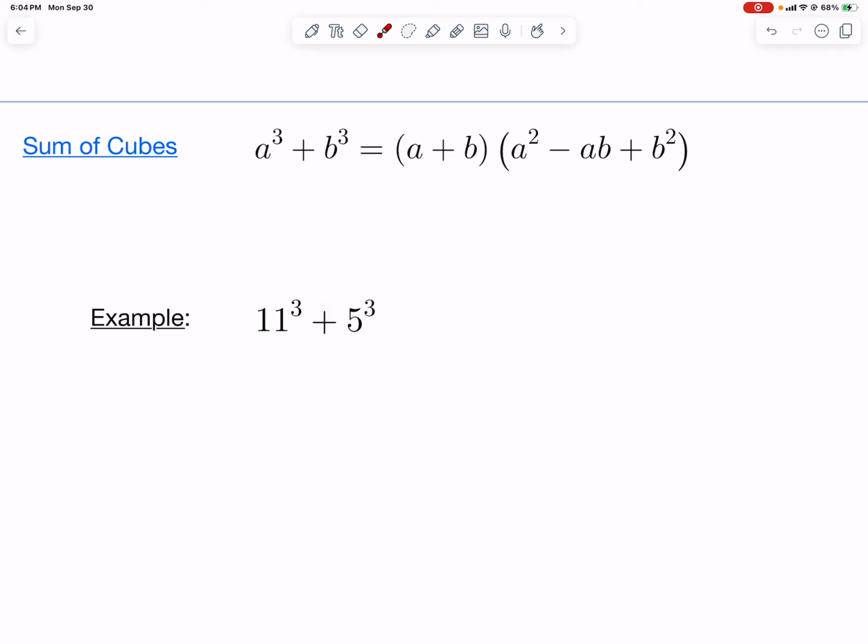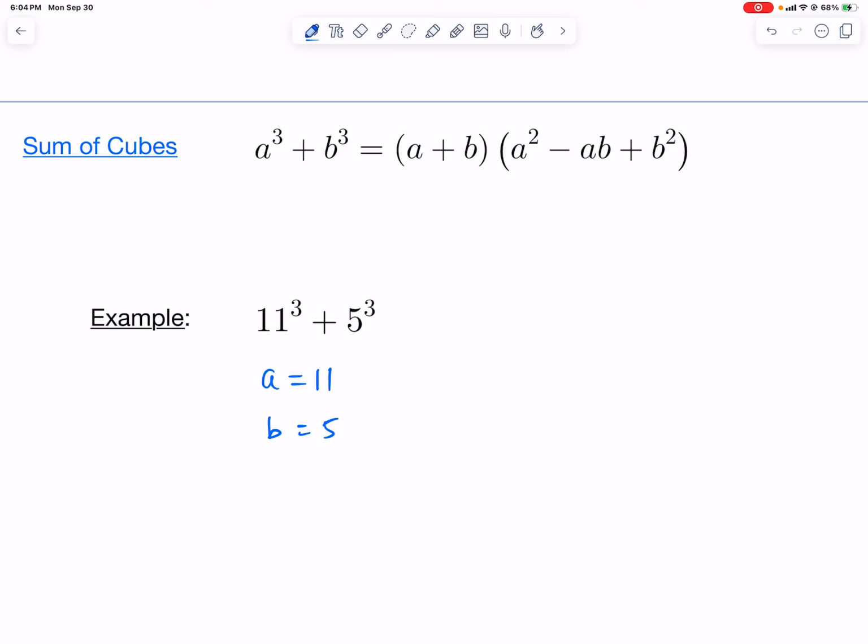Okay, so let's take a look at this particular example. We have 11 cubed plus 5 cubed. So let's go ahead and identify our a. A is going to be 11, and my b is going to be 5.